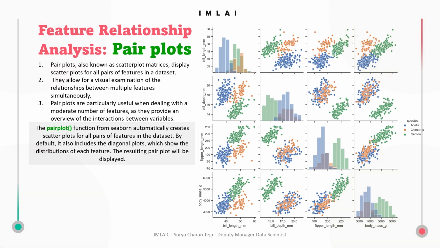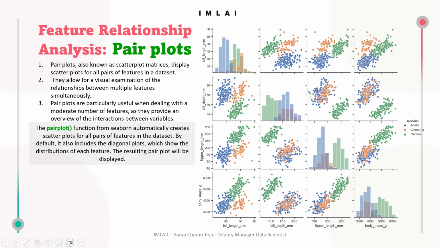By default, it also includes the diagonal plots, which show the distribution of each feature. So the resulting pair plot will be displayed. The pair plot will show a grid of scatter plots. You can see that on your screen.